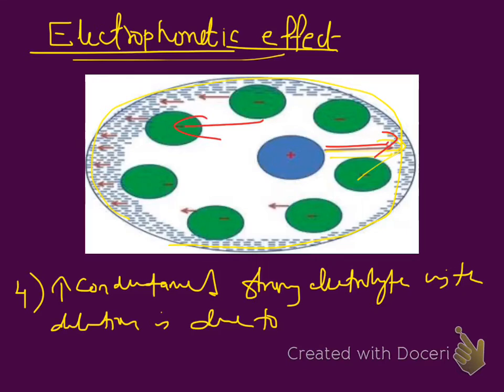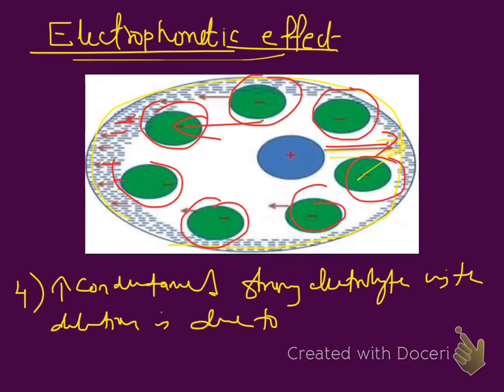Each negative ion is surrounded by a definite number of solvent molecules. This solvent is shown here. When this negative ion moves towards the left side or positive electrode, along with the negative ion, the surrounding solvent molecules also move in that direction.